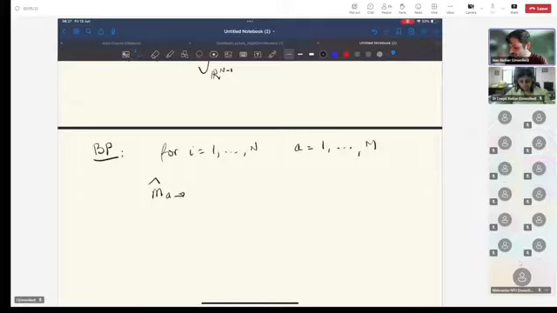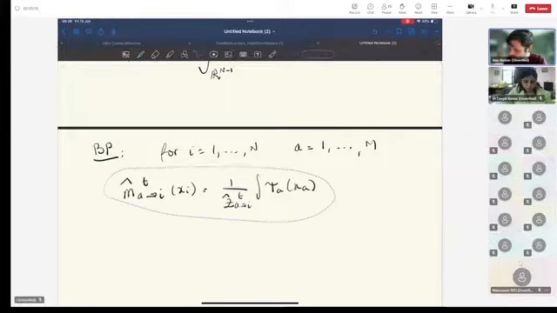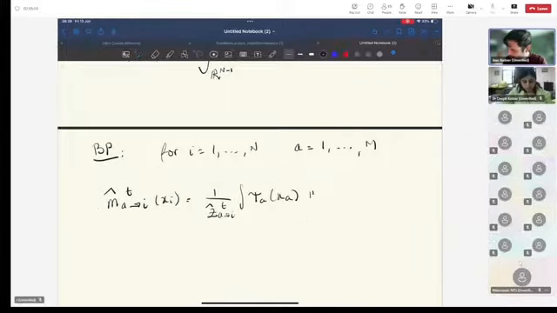They are the factor-to-node messages at time t that depend on x_i, which is equal to 1 over a normalization of the integral of the factor psi_a that depends on this set of nodes to which it is connected, product of all the nodes j connected to the factor a.